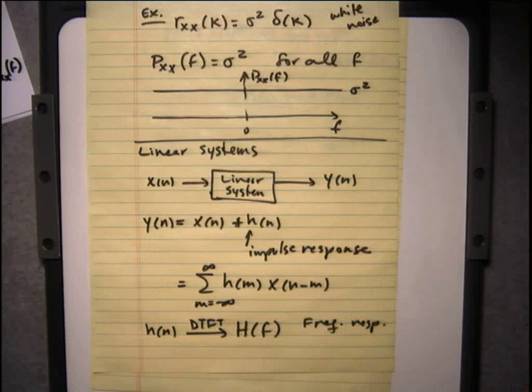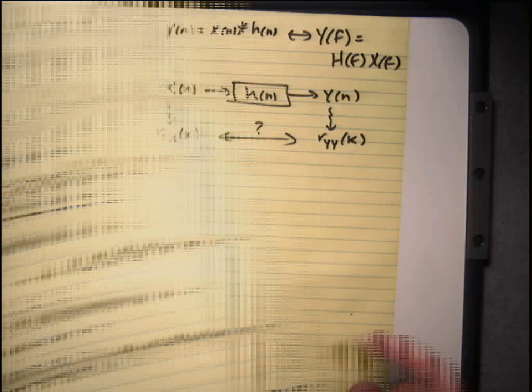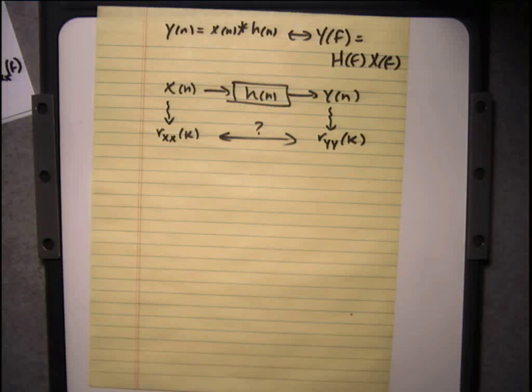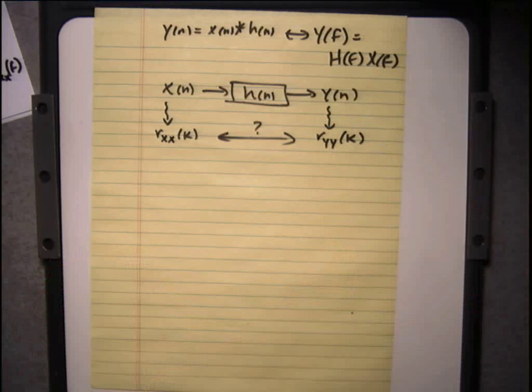By definition. So, would you expect the output to also be white? No, right? The elements of the input are not correlated, but the elements of the output are linear combinations of the elements of the input. Therefore, they're going to be related to each other. Therefore, you can't expect this guy to describe a white noise process anymore.